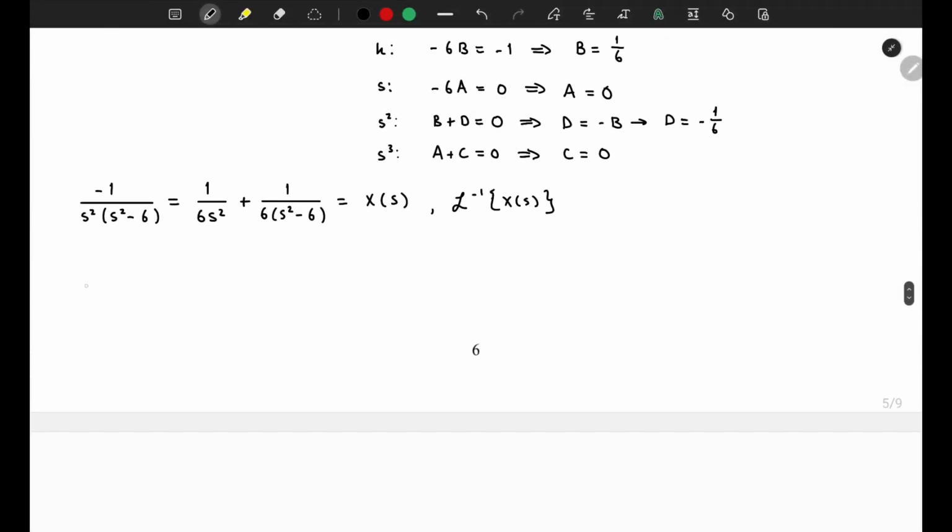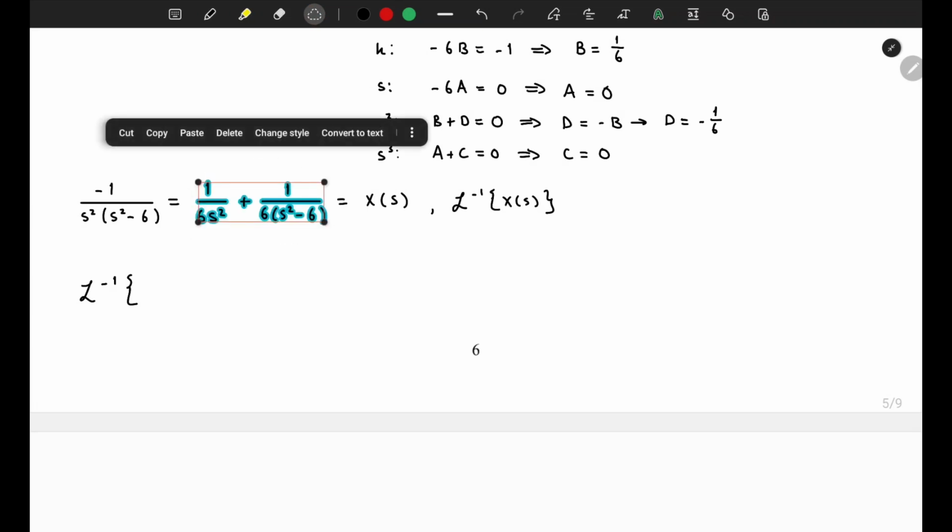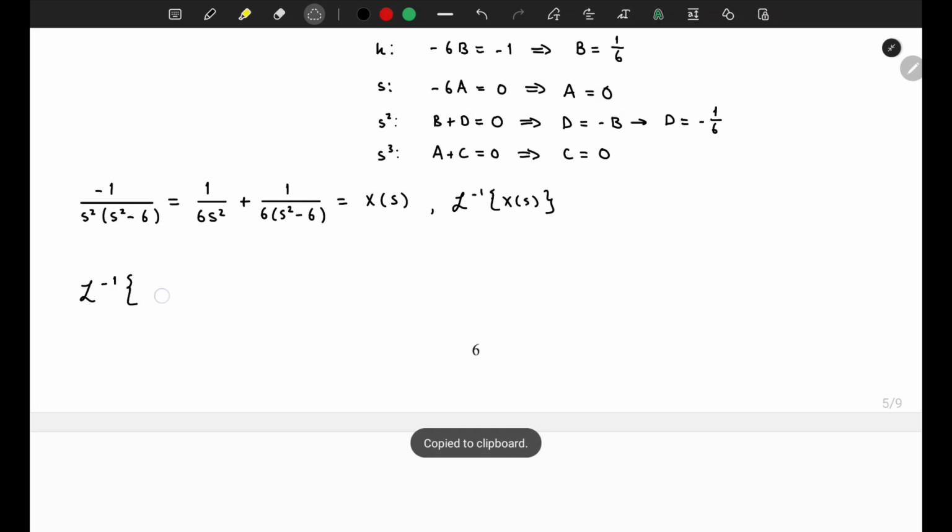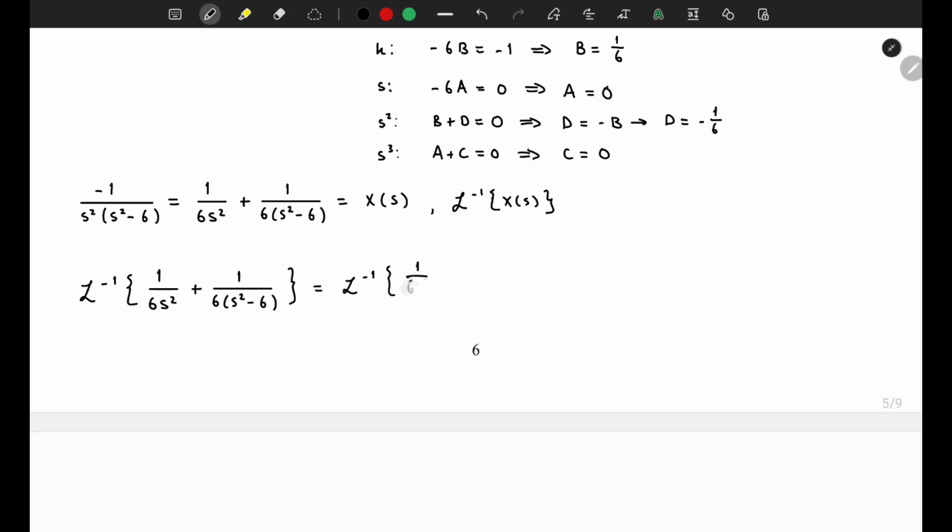So we want to find the Laplace inverse of the following. We can actually split this into the Laplace inverse of just 1 over 6s squared plus the Laplace inverse of 1 over 6 times s squared minus 6.